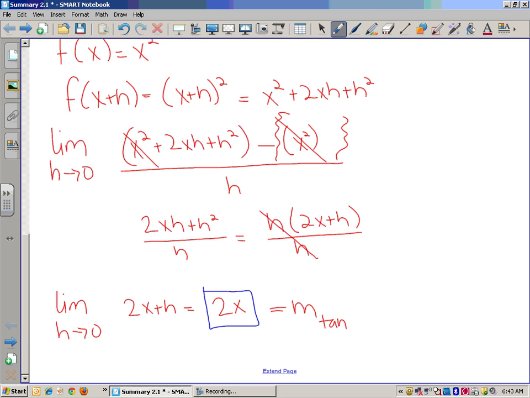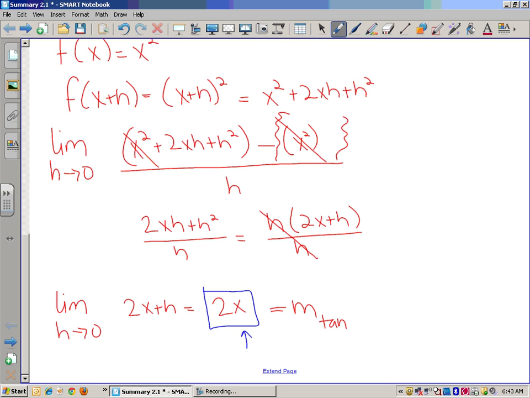So if I wanted to define the slope at any point on the original curve, y equals f of x, which is equal to x squared, I could just plug in an x value. So at x equals 1, the slope of the tangent would be 2. At x equals 2, the slope of the tangent line would be 4. At x equals a gazillion, the slope of the tangent line is 2 gazillion. So it works for any values of x.